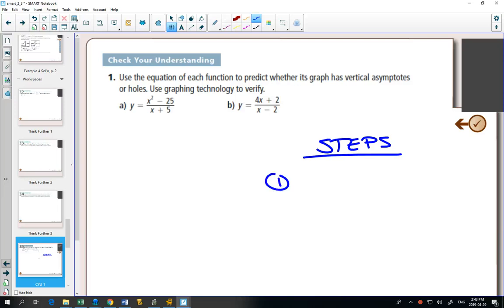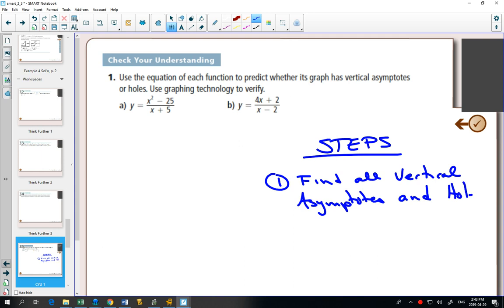So step 1, find all vertical asymptotes and holes. We do that using our non-permissible values. And if you're going to have a hole, your equation simplifies.